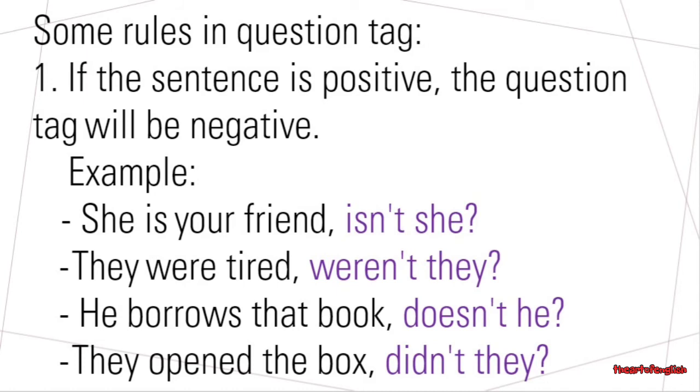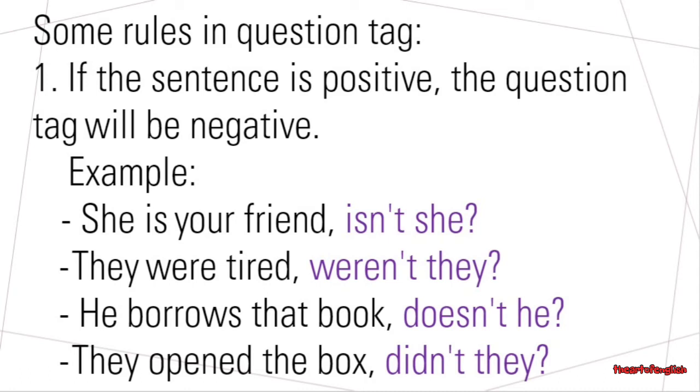So remember, if there is a verb based on the tenses, if it is present tense, they will use doesn't or don't, depending on the subject. Because in the third sentence they use the subject he, we will use doesn't.